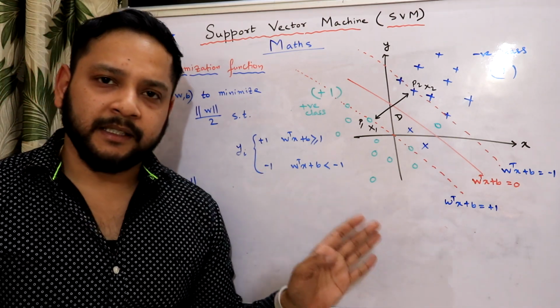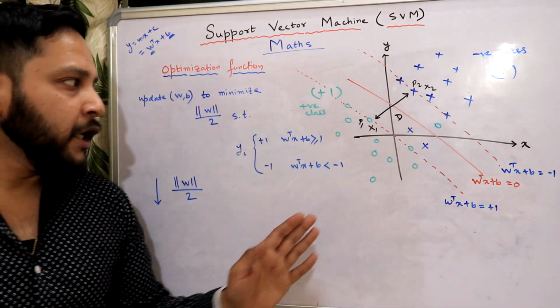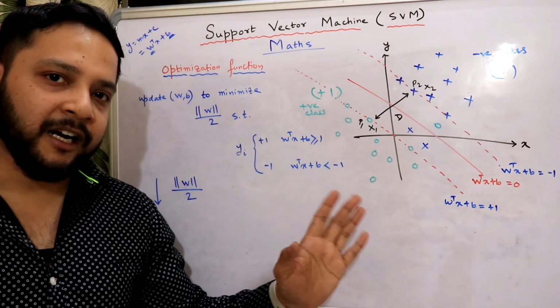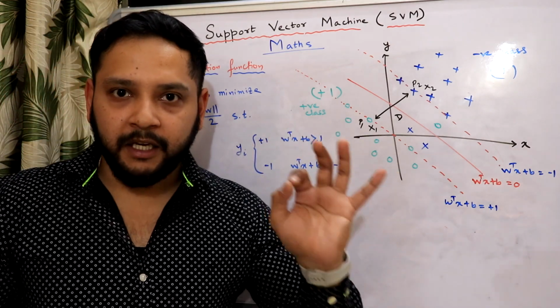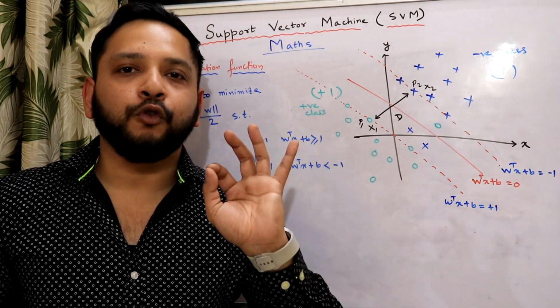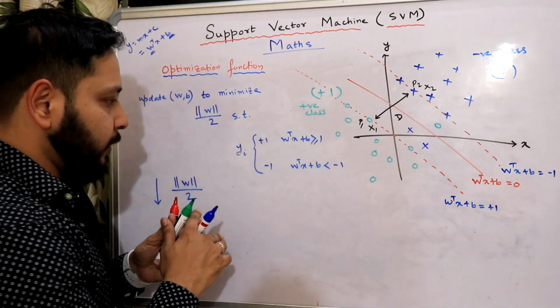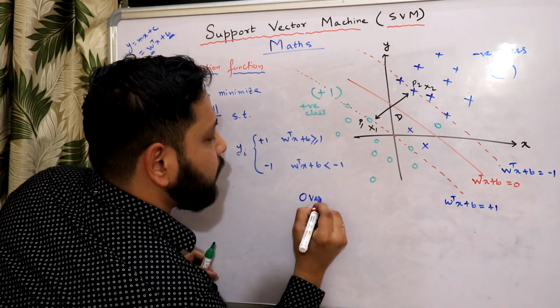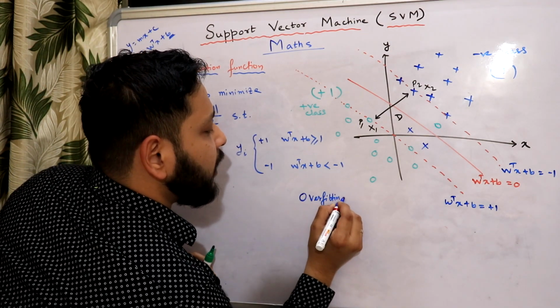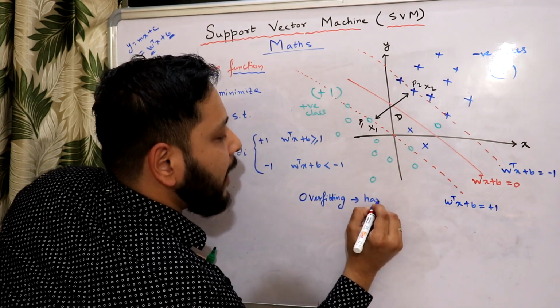But generally, in a practical scenario, if we try to have a hard margin, it means the classifier is classifying perfectly. If it is doing that, it goes to the overfitting problem in case of hard margin.